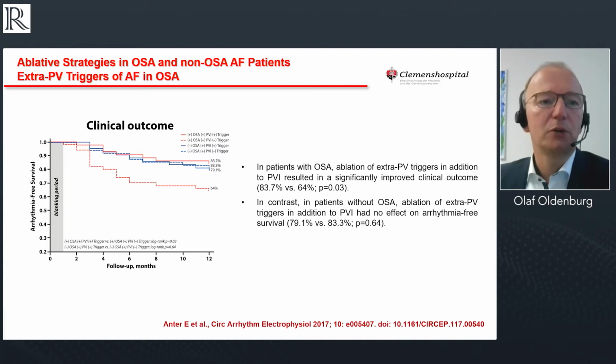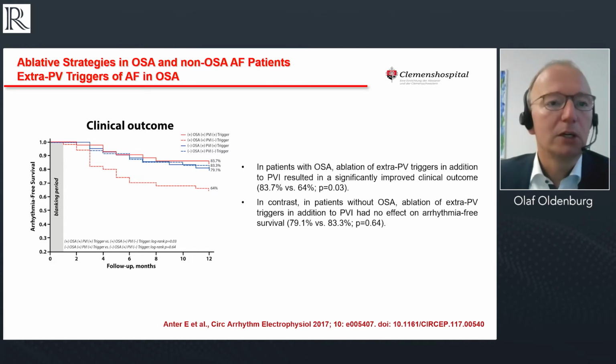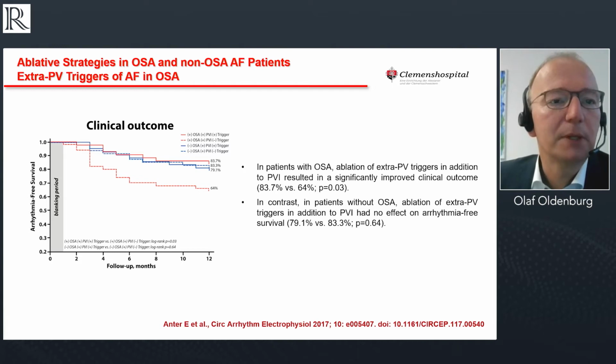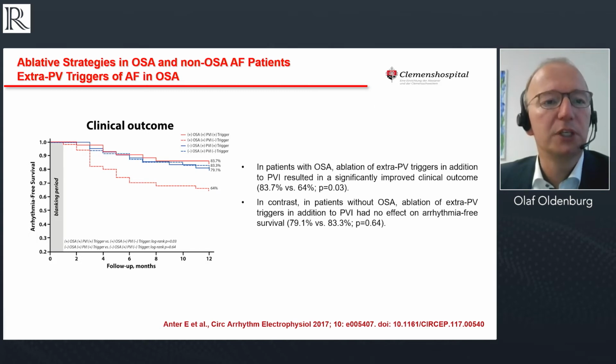This is something you can see here. So now it's getting very busy here. The blue lines are patients with atrial fibrillation having no obstructive sleep apnea, and you will get good results by doing your pulmonary vein isolation procedure.